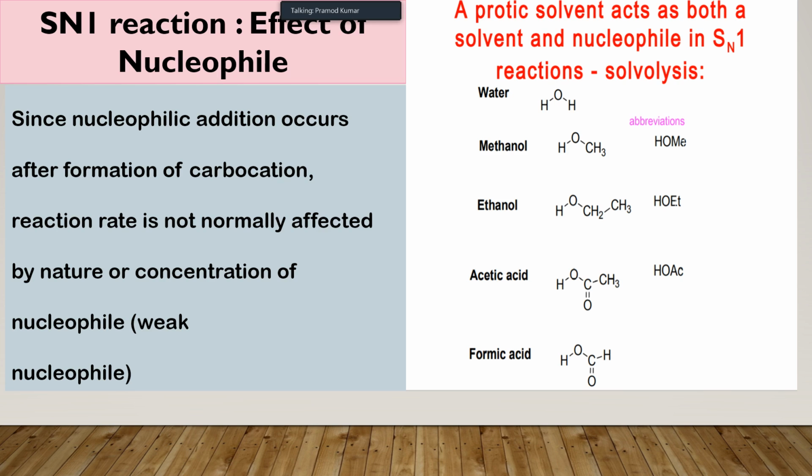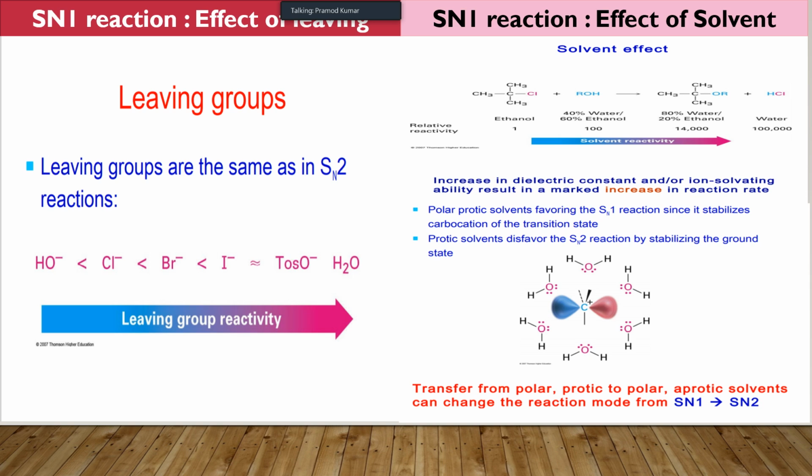So in case of SN1 reaction, you require a polar protic solvent, whereas in case of SN2 reaction, you require a polar aprotic solvent. So the reactions are much faster when you use solvents like water, methanol, ethanol, acetic acid, and formic acid. They act as both solvent as well as the nucleophile for the reaction to undergo.